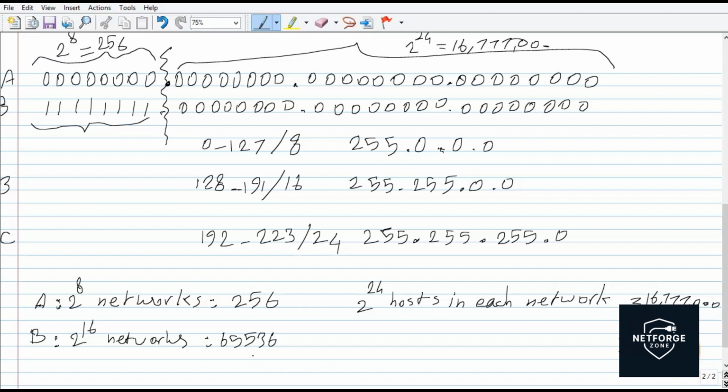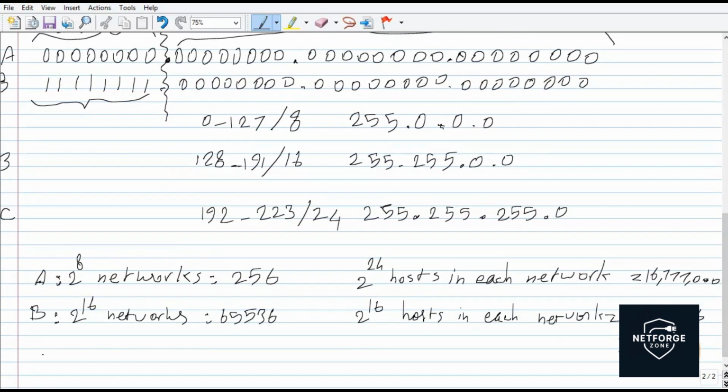Okay, but that's it. And in each section, you can have 2^16 hosts in each network or in each section. That gives me again 65,536. What about class C?